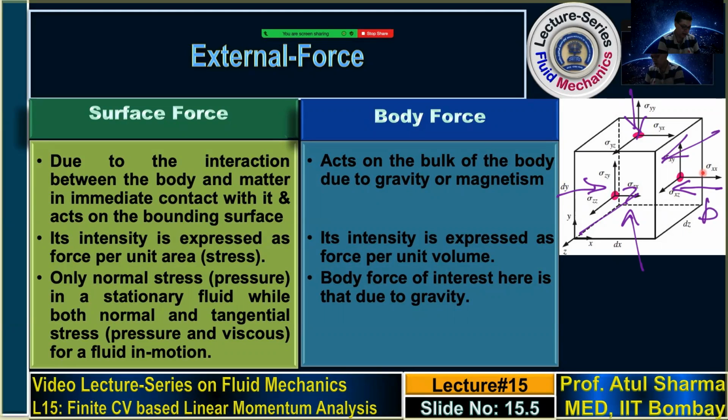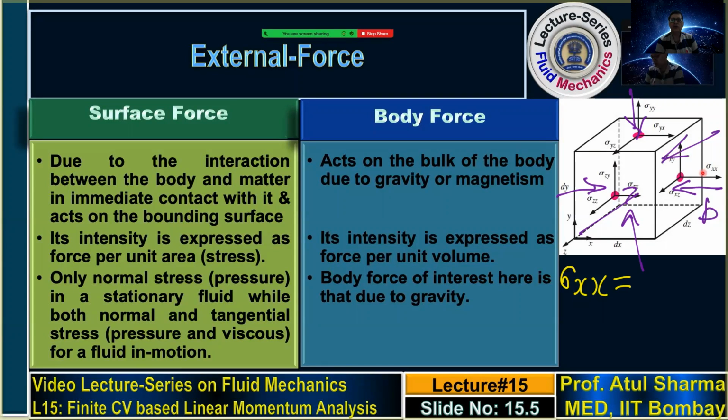So I'm saying sigma is your viscous stress, and these viscous stresses are expressed as, for a 2D case, there are only four stresses: sigma xx, sigma yy, sigma yx, and sigma xy. In fluid kinematics, we have obtained the relationship between the strain rate and the velocity gradient.